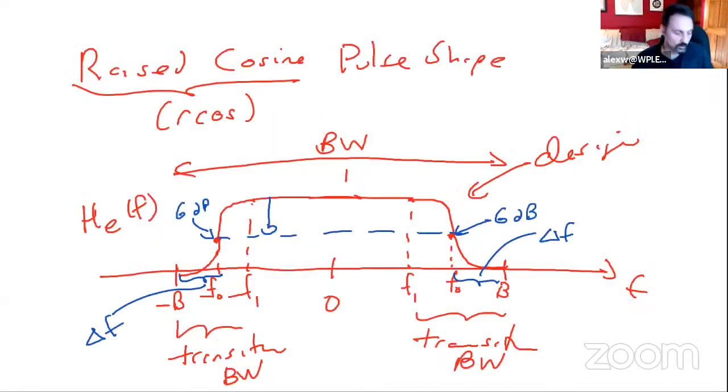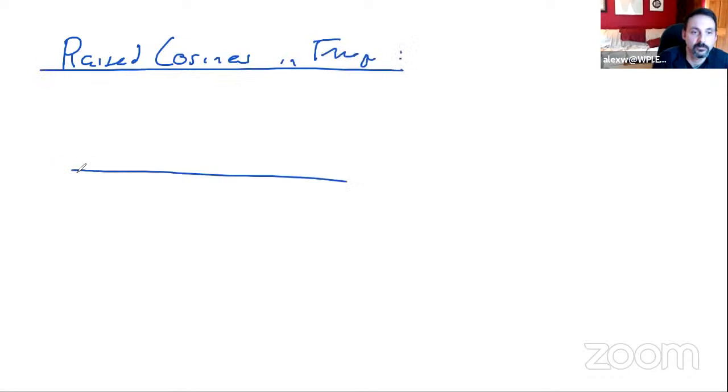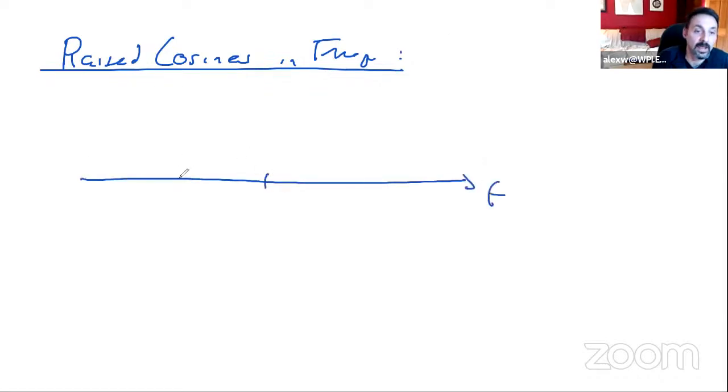So what I could do with a raised cosine pulse, I'm going to draw the frequency responses of raised cosines in frequency. So these are all valid raised cosines. Let me draw this better. I could have the following. I could have what I just drew, right?